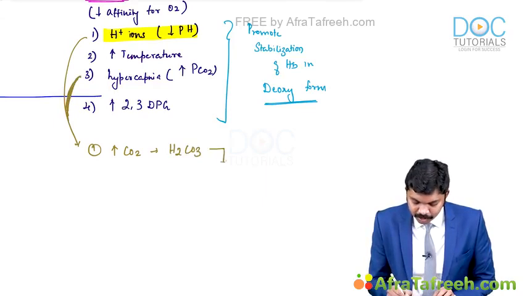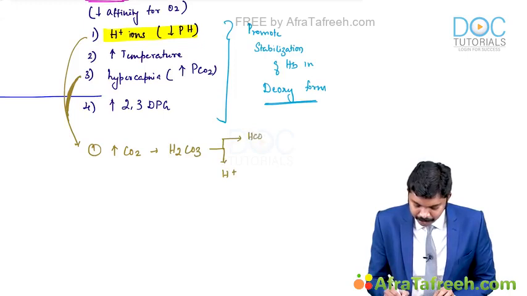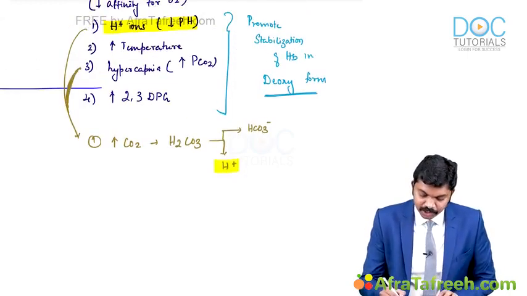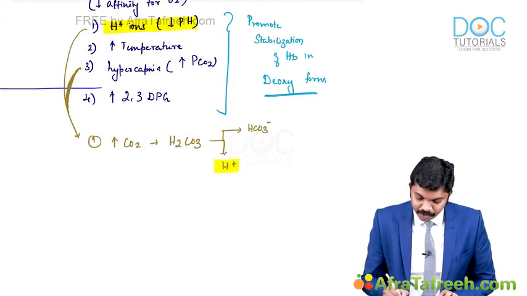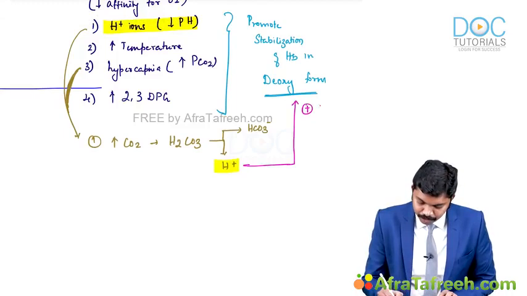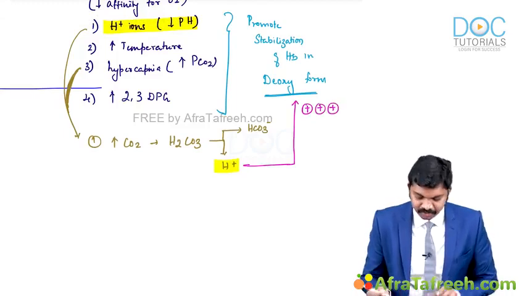This carbonic acid is going to split up into H plus and bicarbonate. Now this H plus ion promotes destabilization of oxyhemoglobin and favors deoxyhemoglobin formation. This happens in a much more significant fashion.